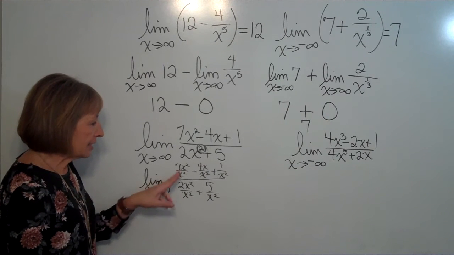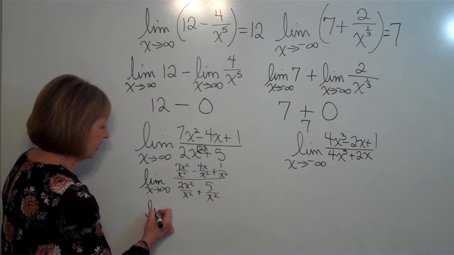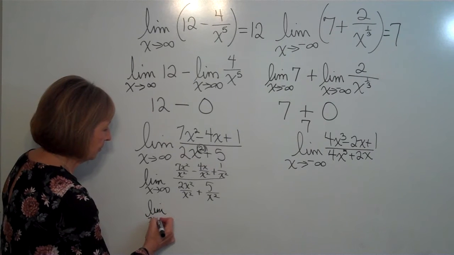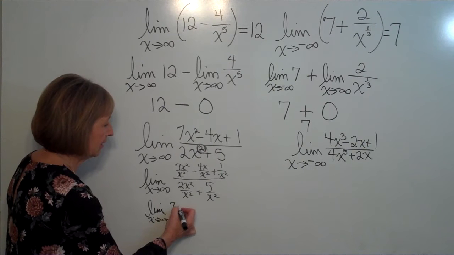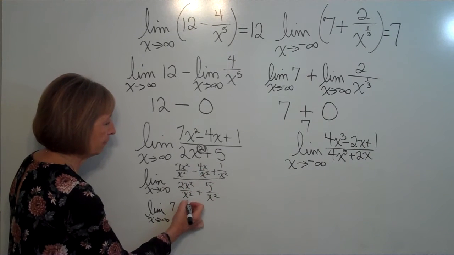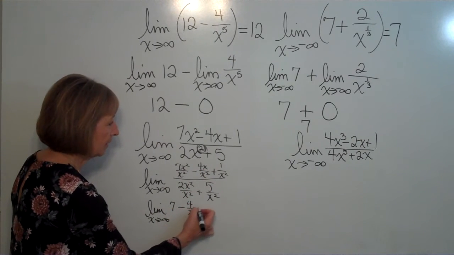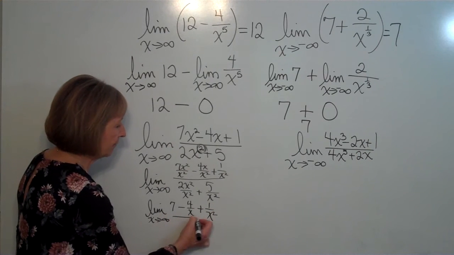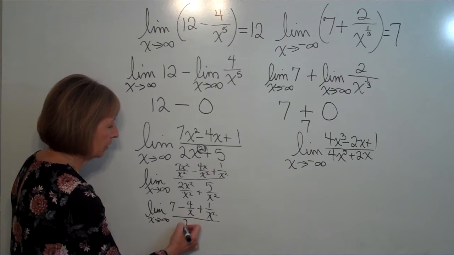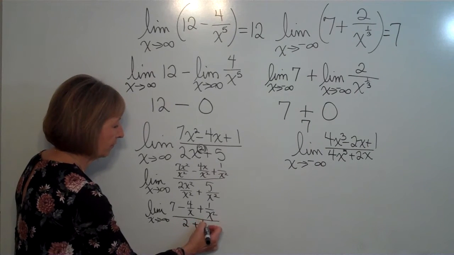So now when we look at this, I can simplify each of the fractions. That's the limit as x approaches infinity of, well, 7x squared over x squared is 7, minus 4 over x plus 1 over x squared. And that's divided by 2 plus 5 over x squared.